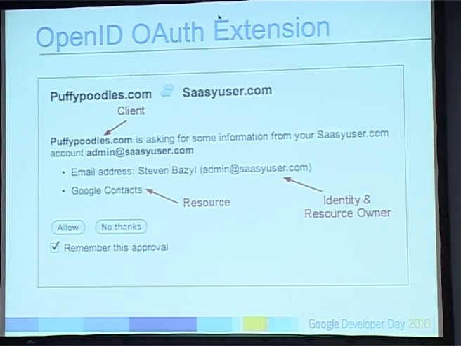Not every provider you're going to want to do OAuth with. Most providers will just ignore the request for authorization. But if you know that you're going to Google or Yahoo and you want to get contacts or calendar data in the process, it's a really great technique to speed up registration for users.